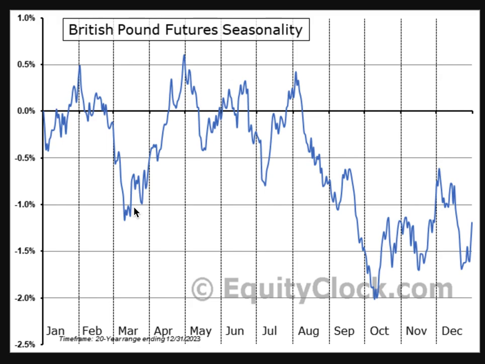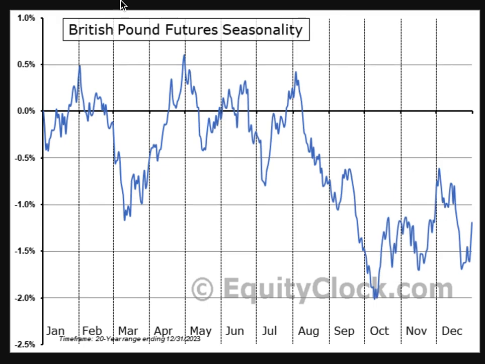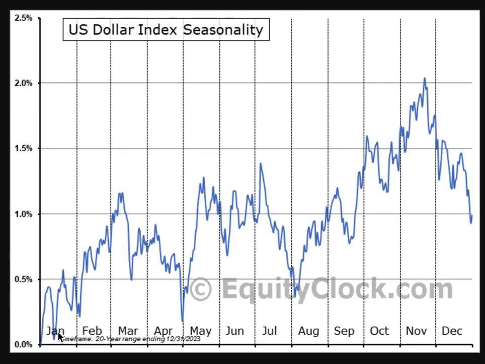And now here's where the real magic comes in. If you're looking at this chart alone, British pound to US dollar seasonality, and you're looking at January's section of the chart, you'd see buying of the British pound during this time. We can all agree on that. It's moving up. But if you go to British pound futures seasonality, exact same move, and now you look at dollar index, there's also a move up.